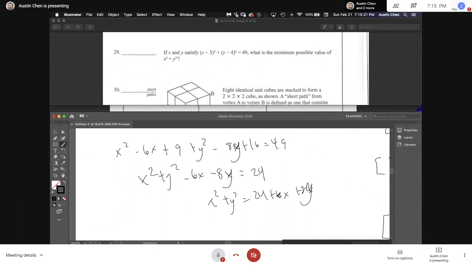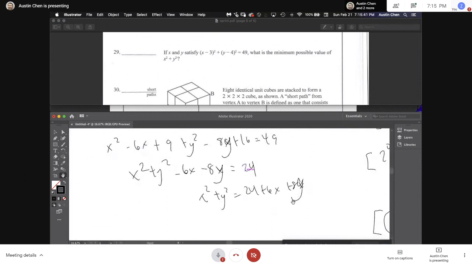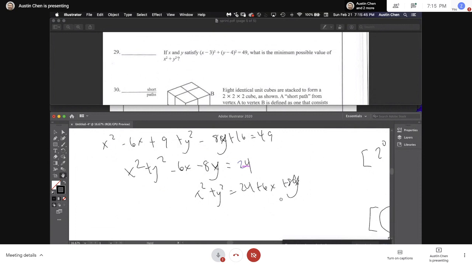I think it's possible for you to solve it like this, but for me, I think it's a little bit weird. You could probably still solve it like this.